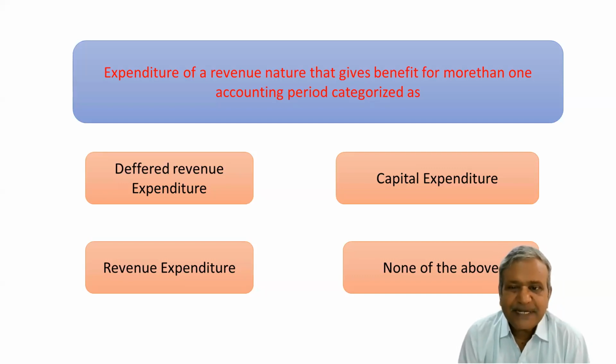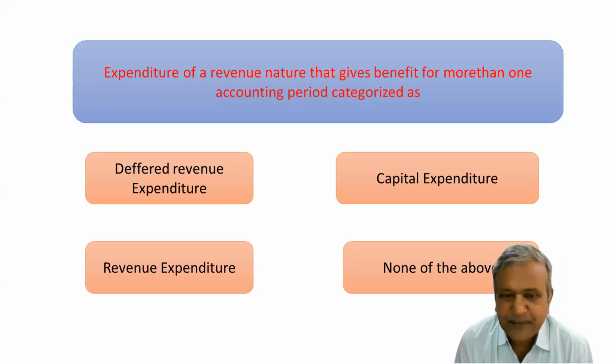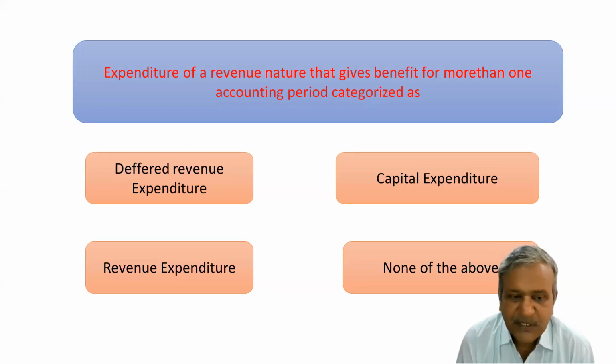Many of you have mentioned capital expenditure or revenue expenditure. No one has mentioned the first one. So, shall I give you the answer? The answer is the first one, deferred revenue expenditure.